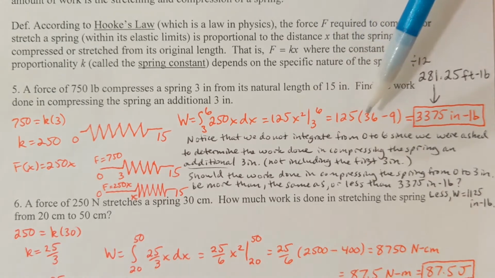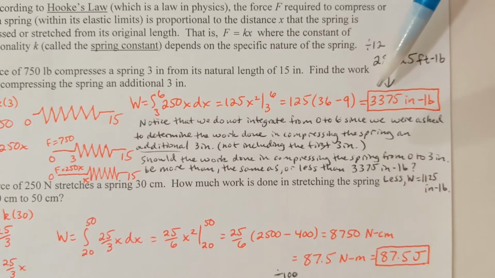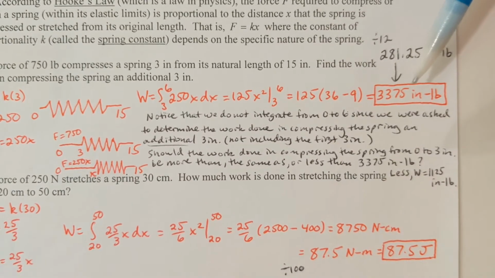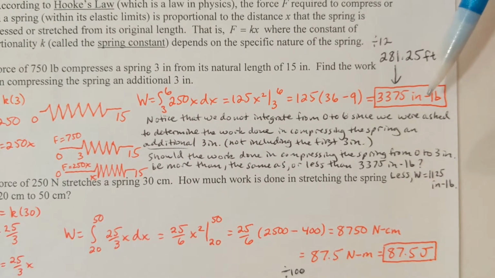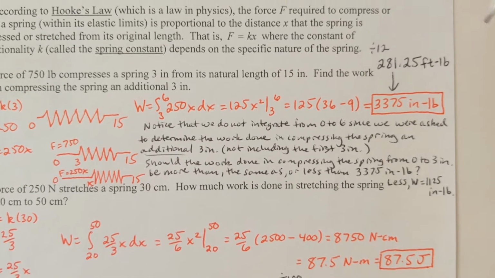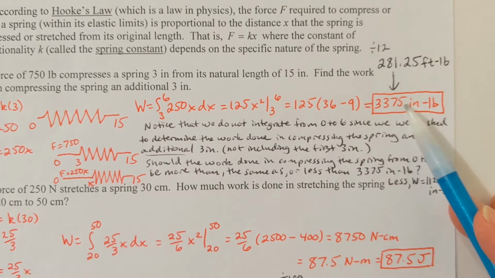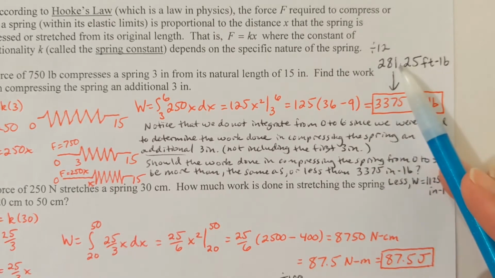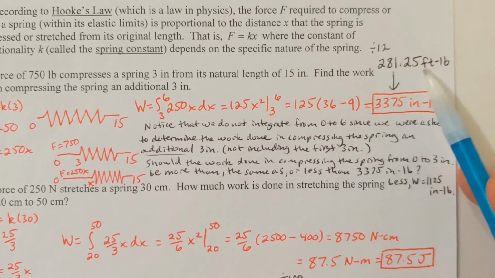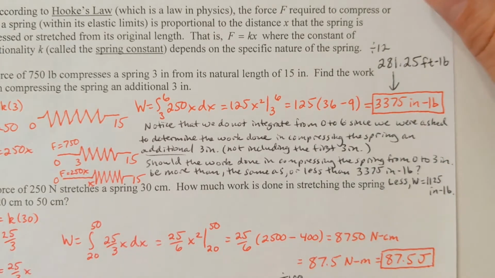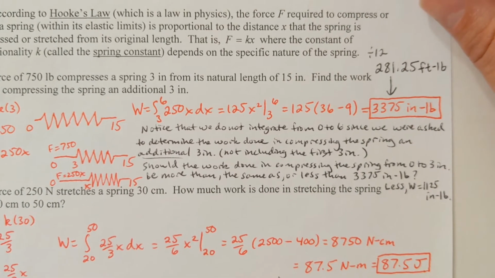Plug in the bounds, and I'm getting 3,375 inch-pounds. If you wanted to convert that to foot-pounds, which wouldn't be a necessary thing, divide this number by 12, and you'd get 281.25 foot-pounds.